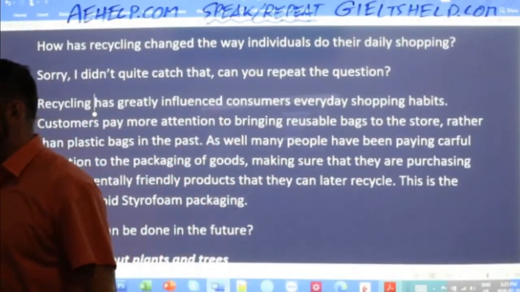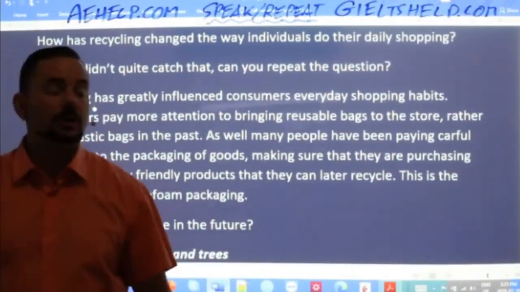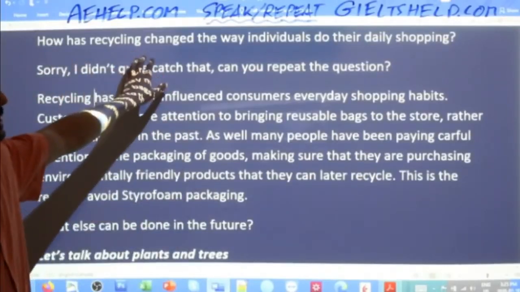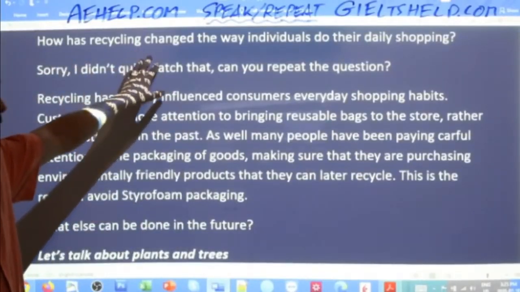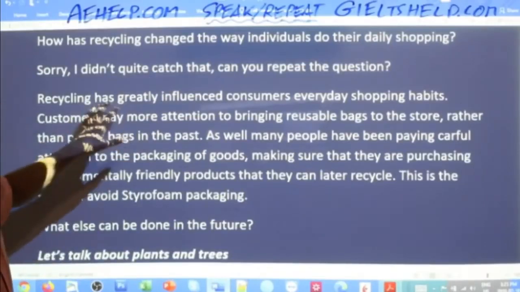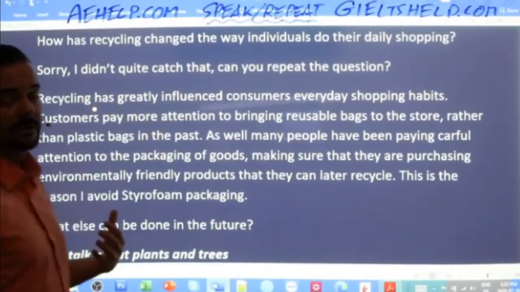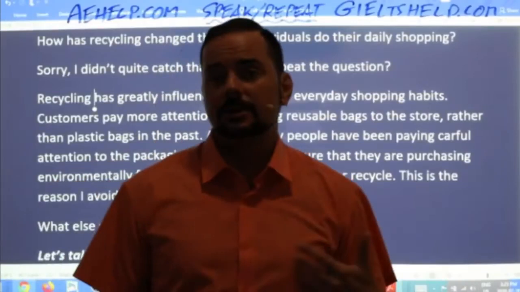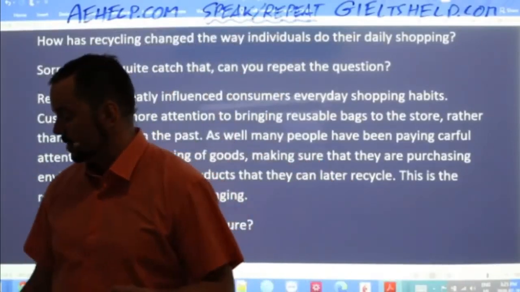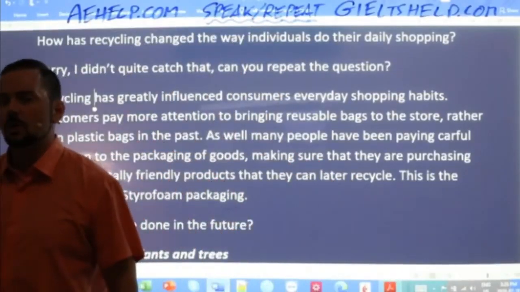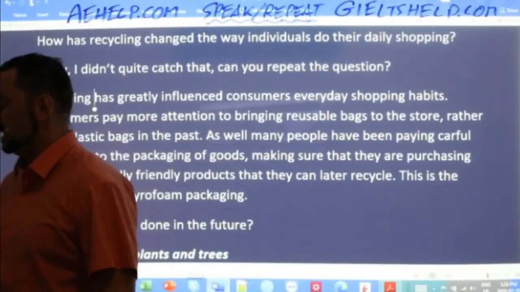Again, a really good way to make sure that you're staying on topic is to use the question in your answer. Paraphrase it as much as you can. So I paraphrased it here. If you can't paraphrase it, just verbatim reflect it. Okay, it's still better than going off topic. If you go off topic, you lose band scores. All right, so keep that in mind.